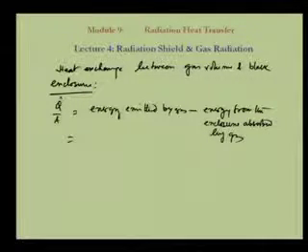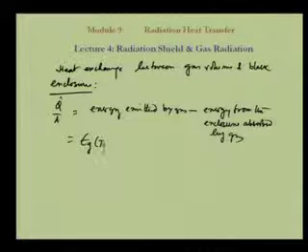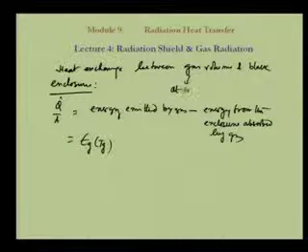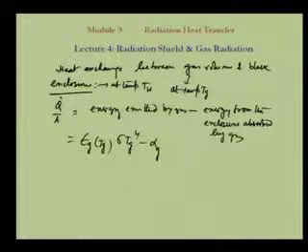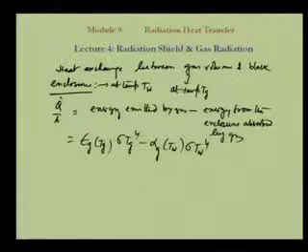So you can write epsilon g, which is a function of T g, where gas is at temperature T g and enclosure at temperature T w: epsilon g sigma T g to the power 4 minus alpha g at T w, alpha g being the absorptivity of the gas, times sigma T w to the power 4. T w is the wall temperature. So epsilon g is the gas emissivity at T g and alpha g is the gas absorptivity at T w.